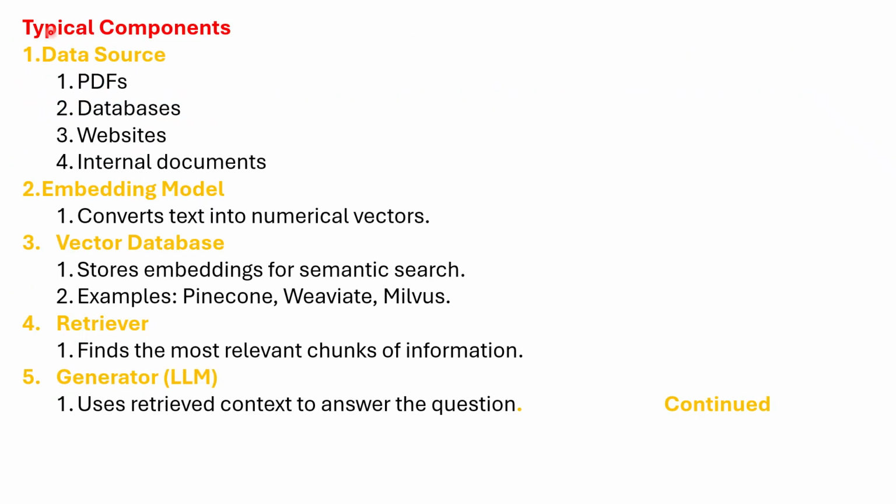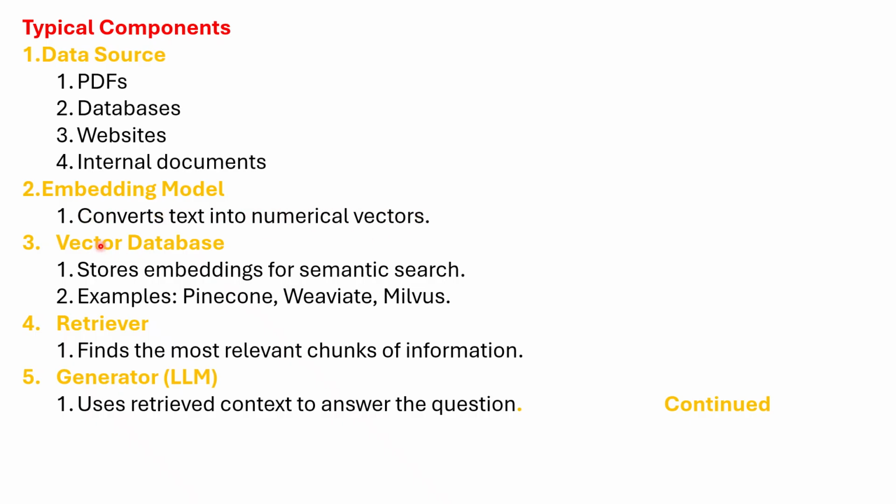Friends, now on to typical components. One, data source, maybe in the form of PDF, databases, websites, or internal documents. Second component is embedding model, which converts text into numerical vectors.